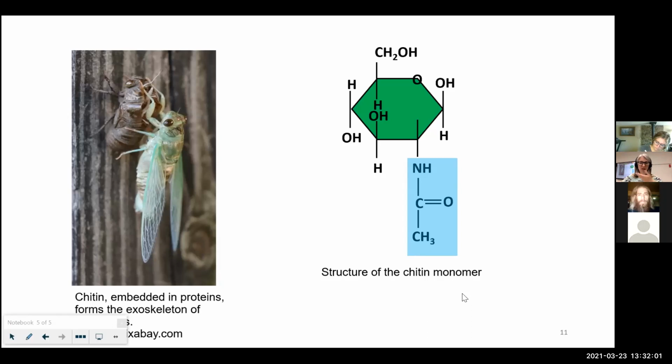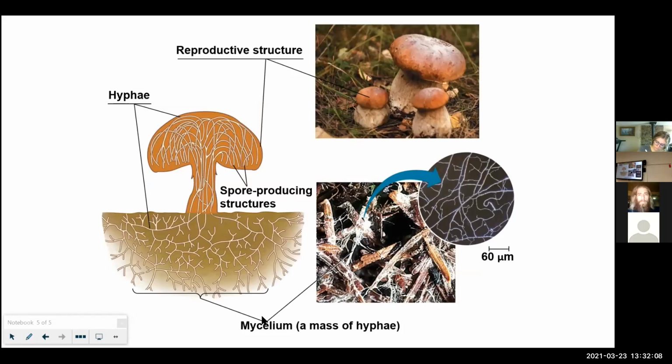Okay, so when we look at a multicellular fungus, what does it look like? What does its body as a whole look like? So it turns out that the hyphae, those tiny, almost microscopic filaments that are pictured here, form an interwoven mass called a mycelium. Okay, mycelium.